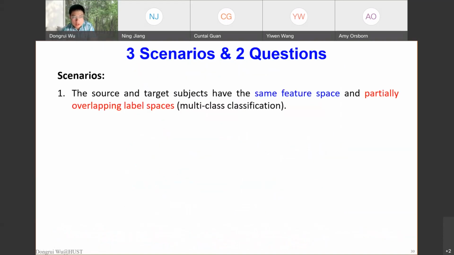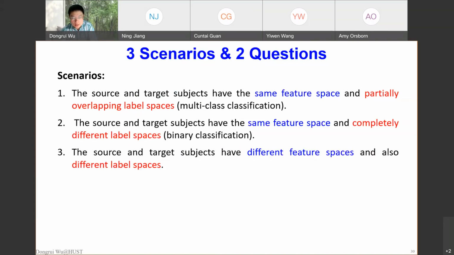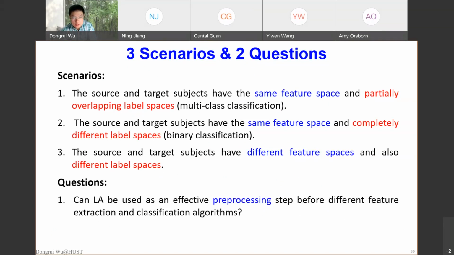In our experiments, we considered 3 scenarios and 2 questions. The first scenario is that the 2 domains have the same feature space and partially overlapping label spaces. The second is that the 2 subjects have the same feature space but completely different label spaces. The third is that the 2 subjects have different feature spaces and also different label spaces. This is the most challenging transfer learning scenario. For each scenario, we also try to answer 2 questions.